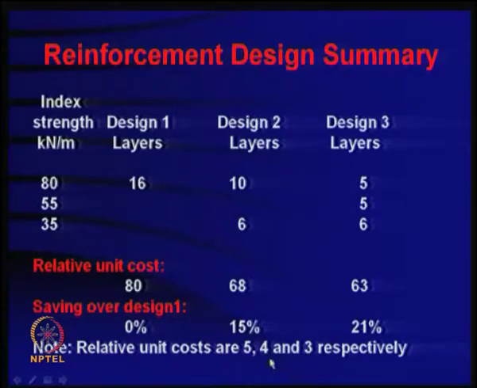Or some units like 5 units, like it could be $10, $8, $6 or whatever. So, in design 1 you have 16 layers, and the relative cost is 80, because 16 into 5 is 80.